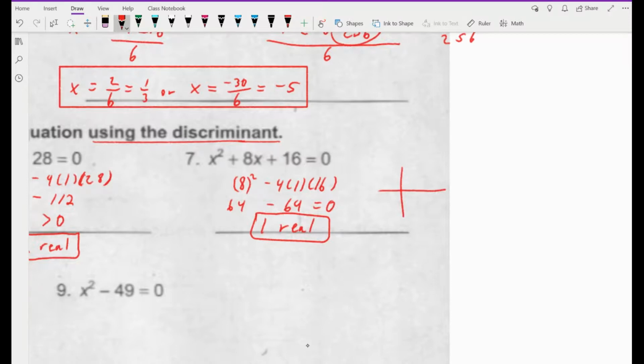We could actually factor this problem to x plus 4 and x plus 4. It's a perfect square. So I know the solution is x equals negative 4. So the graph looks something like this. It touches right at negative 4, and that's 1 real solution. You don't have to draw the graph. I just want you to be able to visualize what we're looking at.